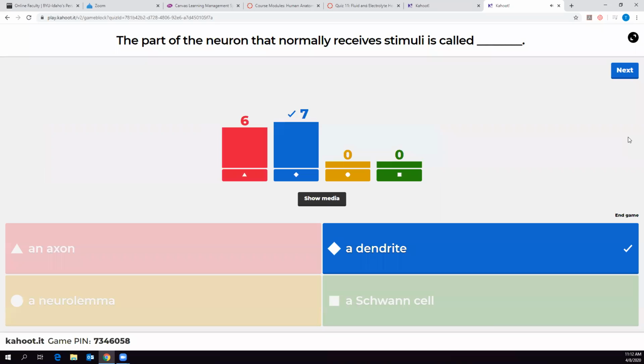It goes out an axon, okay? So axons do not receive the incoming stimulus. A stimulus is going to be from some other neuron. It's not going to be the action potential or the graded potentials, okay? So it comes into the dendrite.